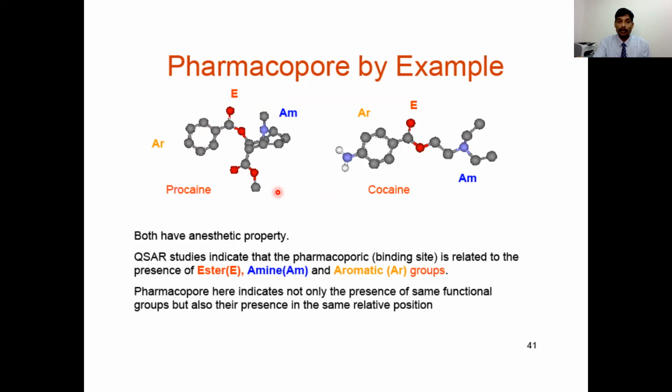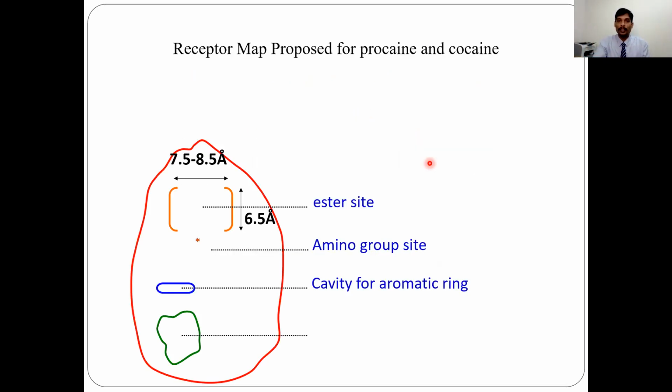Because that is working on the brain and it is actually giving the anesthetic effect. So based on these two, you can find another drug which can have an aromatic ester and amino group, without many extra groups, with a similar size and the same position. Then you can find another drug.